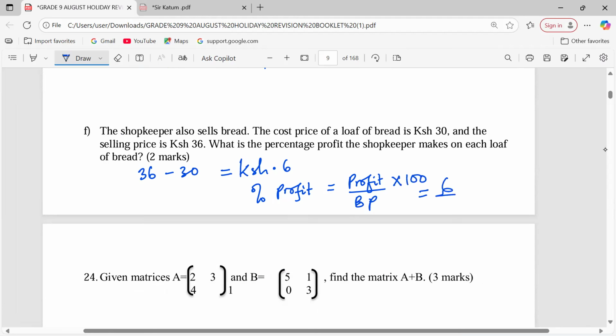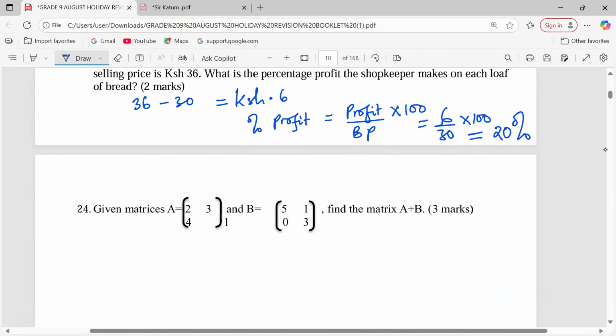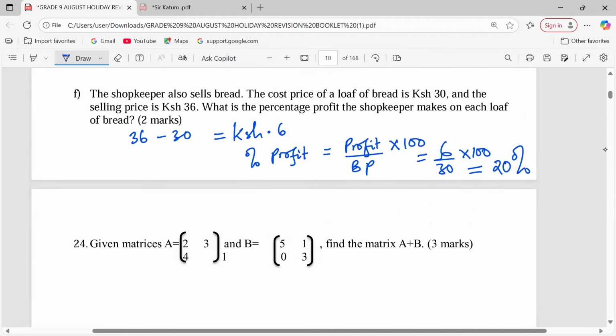So profit out of buying price times 100. So 6 over 30 times 100, giving us 20%. So we have 20% profit.